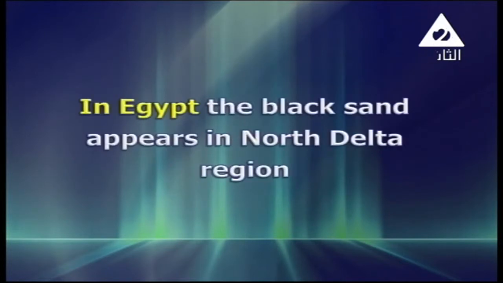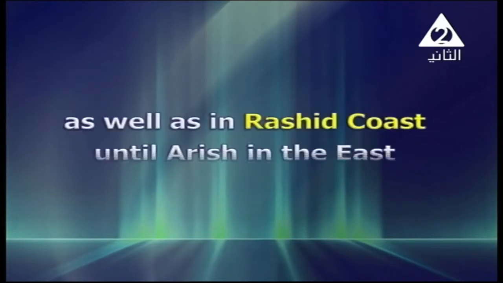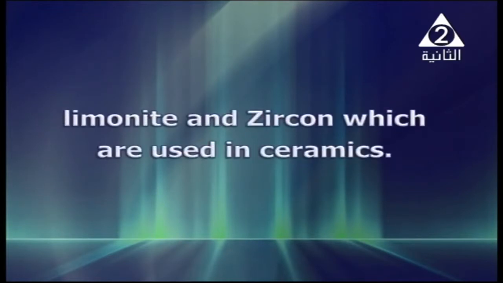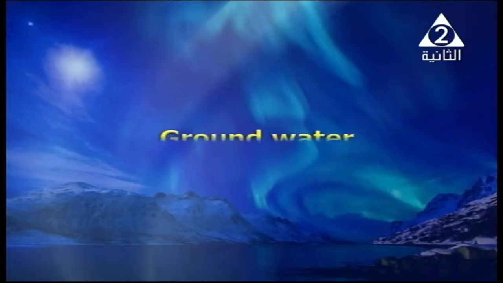In Egypt, the black sand appears in the North Delta region, as well as in Rashid Coast, until Arish and the east coast, and contains monazite minerals, which is a radioactive mineral, limonite and zircon, which are used in ceramics.